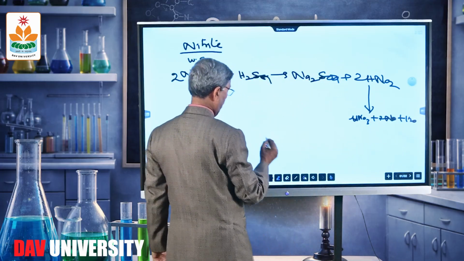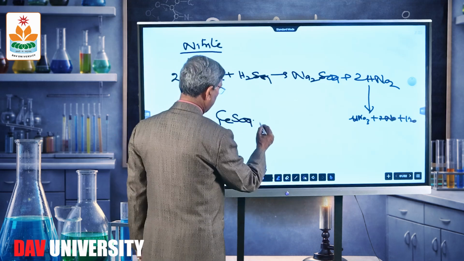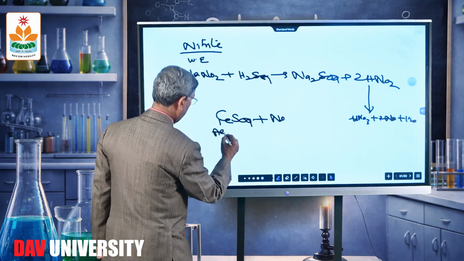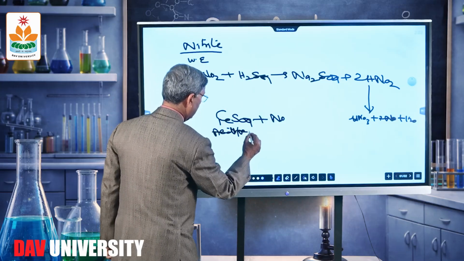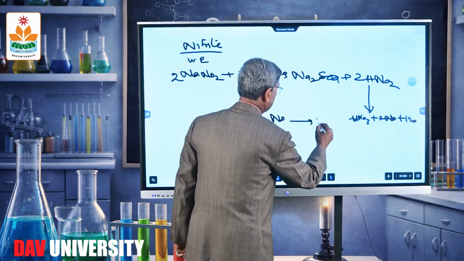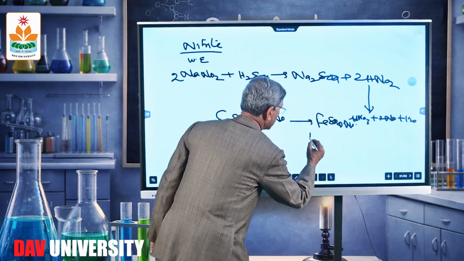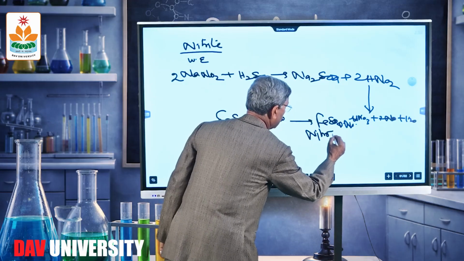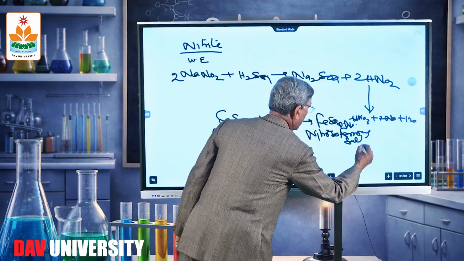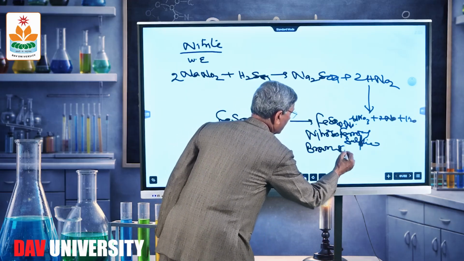And this NO, when made to react with acidified ferrous sulfate solution, will give us FeSO4.NO, that is nitrosoferrous sulfate, and this is brownish black.